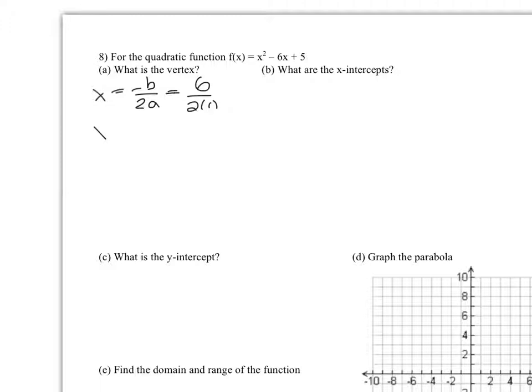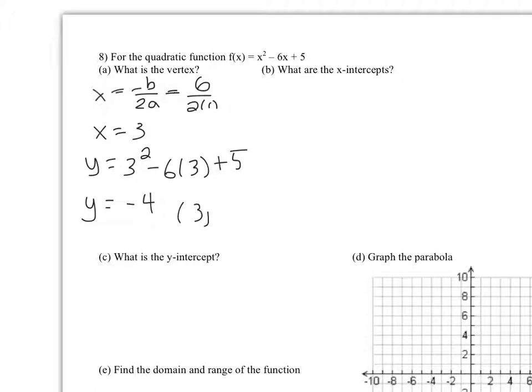So it's really just 6 divided by 2, which is 3. To get the y-coordinate, I just have to plug it in. So I'm taking 3 squared minus 6 times 3 plus 5, which is 9 minus 18 plus 5, which would be negative 4. So then my vertex is the point 3, negative 4.